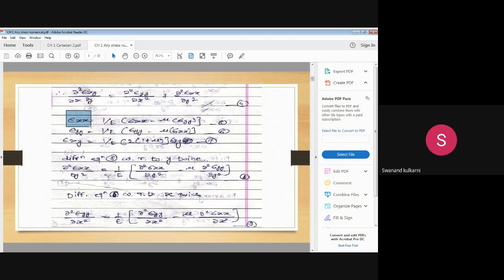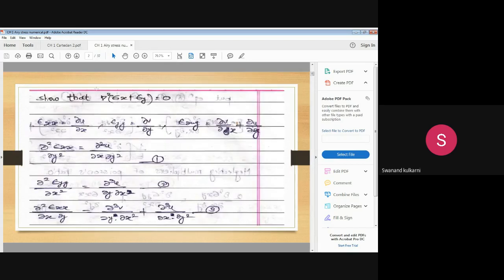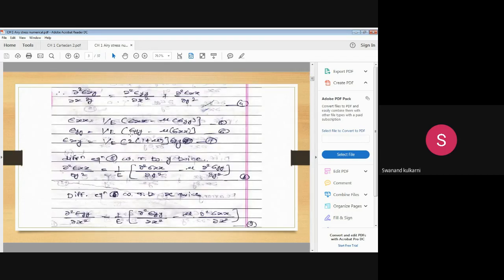Now, as far as this particular concept of the Airy stress function is concerned, we are only considering x and y. This particular equation is valid for x and y directions only. We already discussed that deriving equations is easy in situations when there is less thickness, because three-dimensional analysis is very complicated.